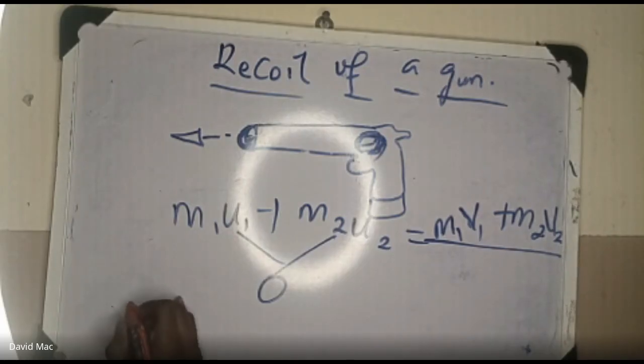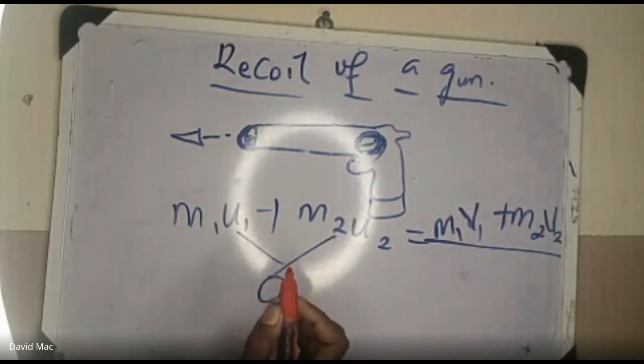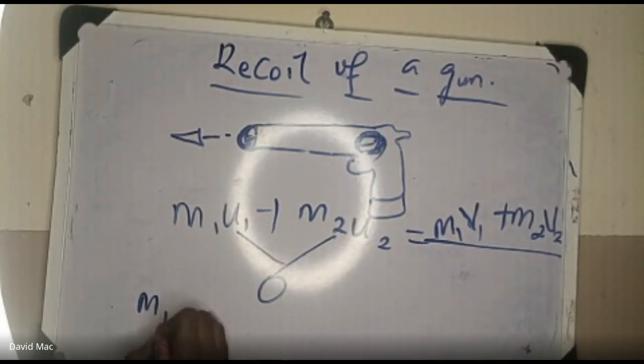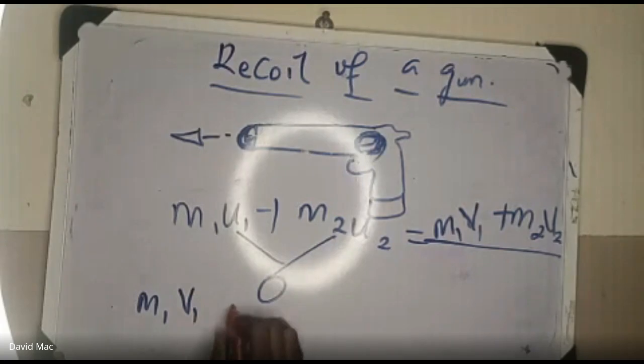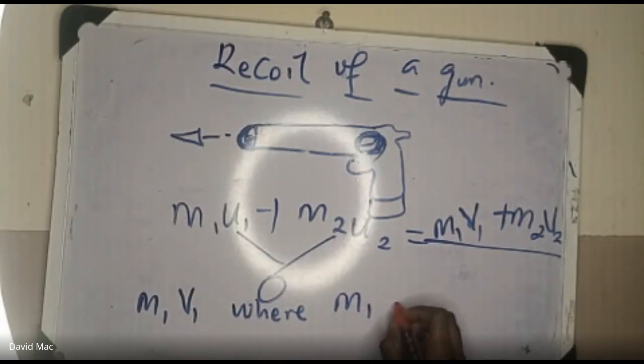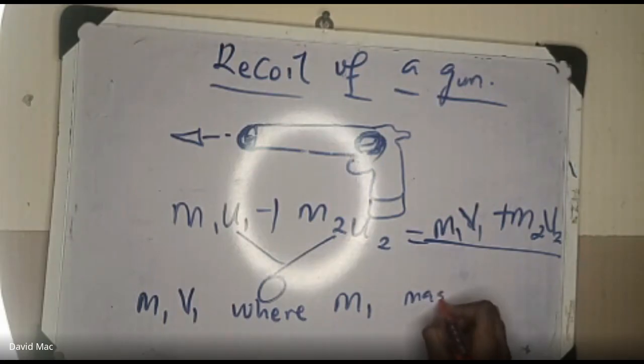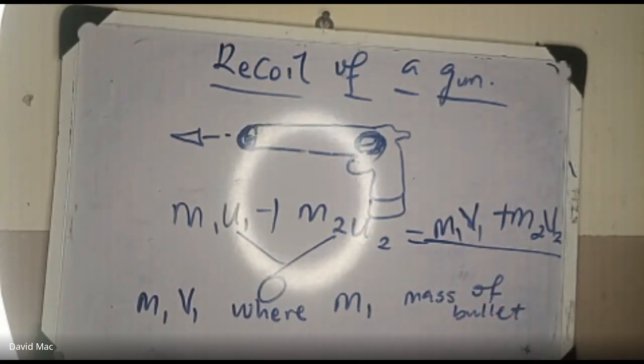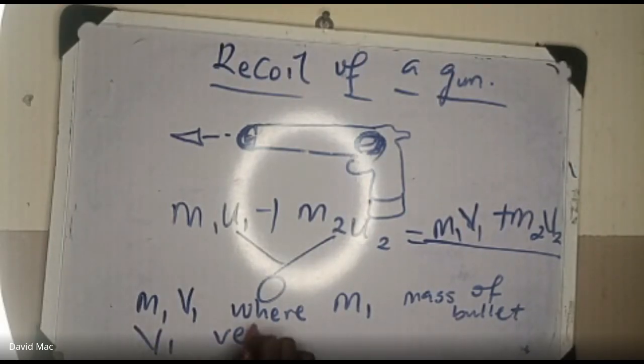So M1, we're talking about the bullet now, right? They say it has forward momentum equal to M1V1, where M1 is known as the mass of the bullet and V1 is known as the velocity of the bullet.